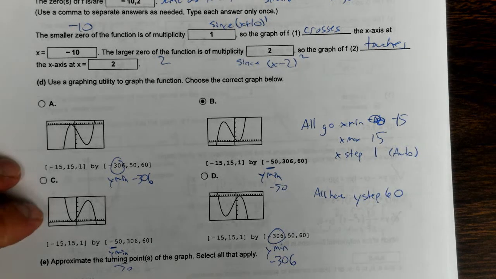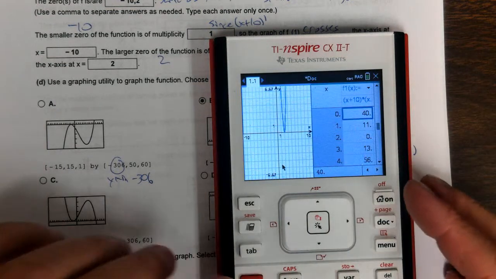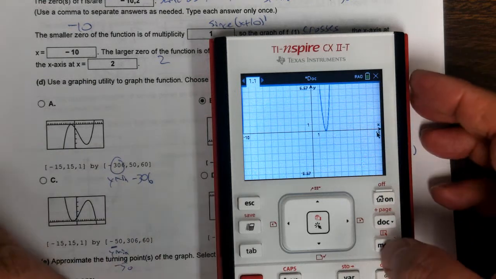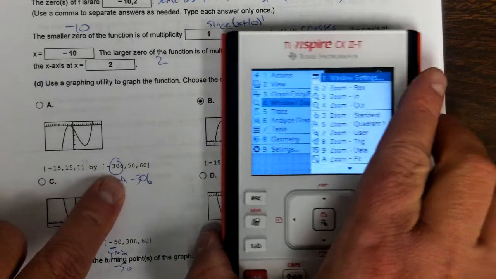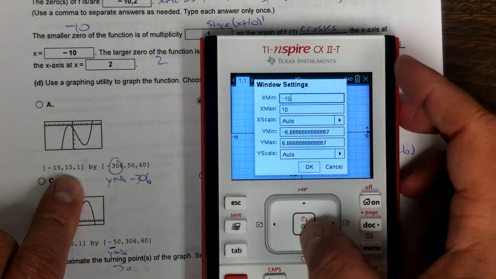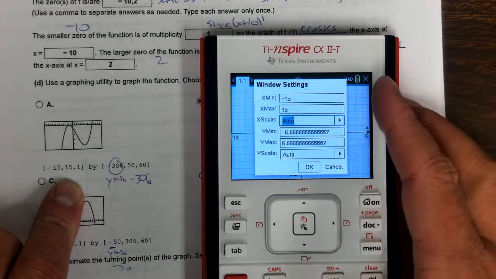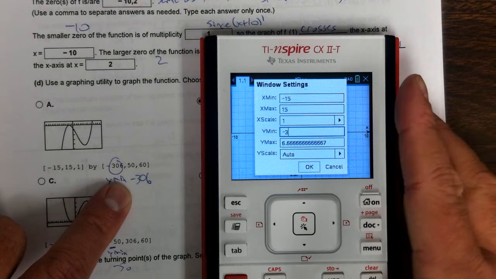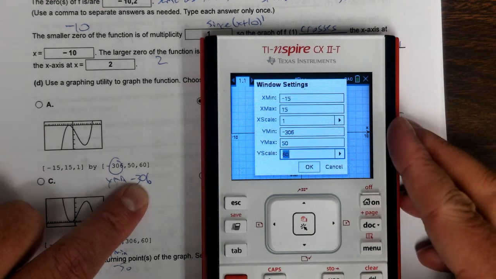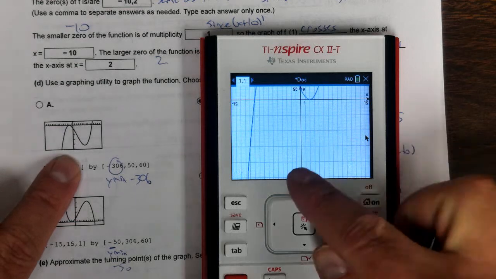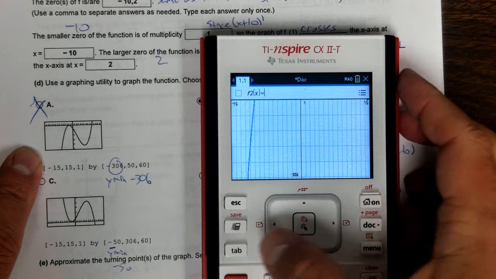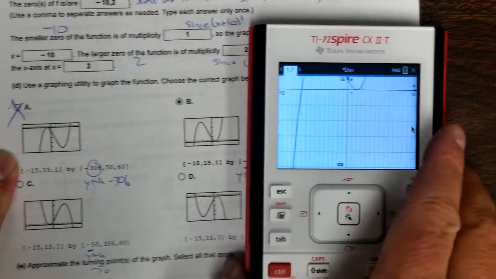Okay, so what I want to do, remember you can double click all of these, but that takes some time, or you can just go to window and then set them. So window settings, we want negative 15 to 15 by 1s, negative 306 to 50 by 60s. Well, that didn't work for A. So now we go to the window settings.